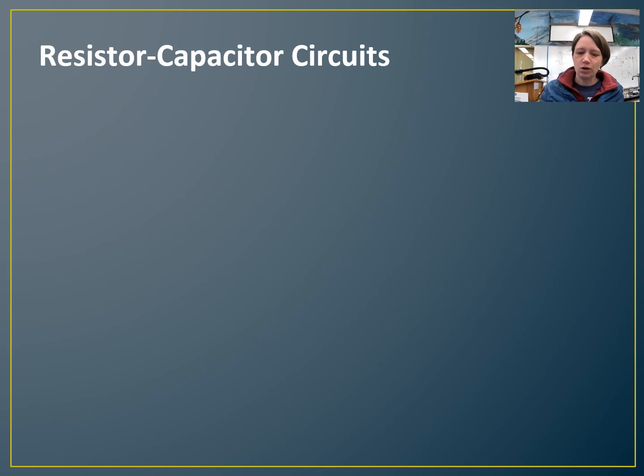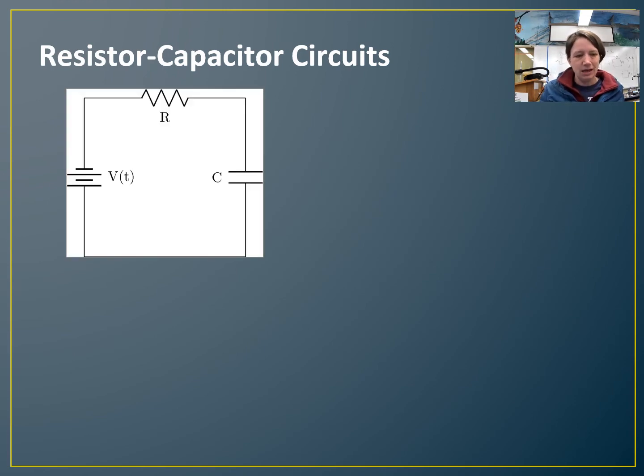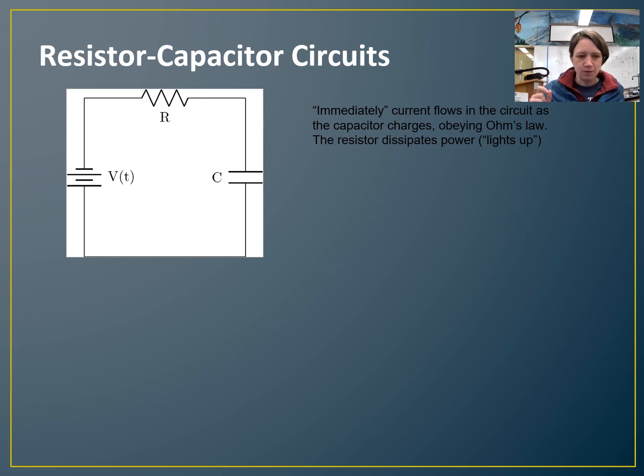So let's see how this works in a couple sample circuits with resistors and capacitors in them. This is just a series circuit that has one single resistor and one single capacitor. In that immediate time frame, as soon as you first connect this circuit, current is going to flow all the way through the circuit as that capacitor is charging.